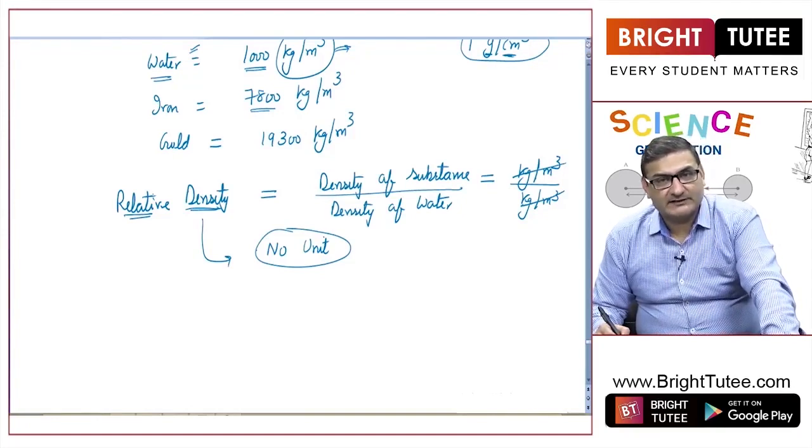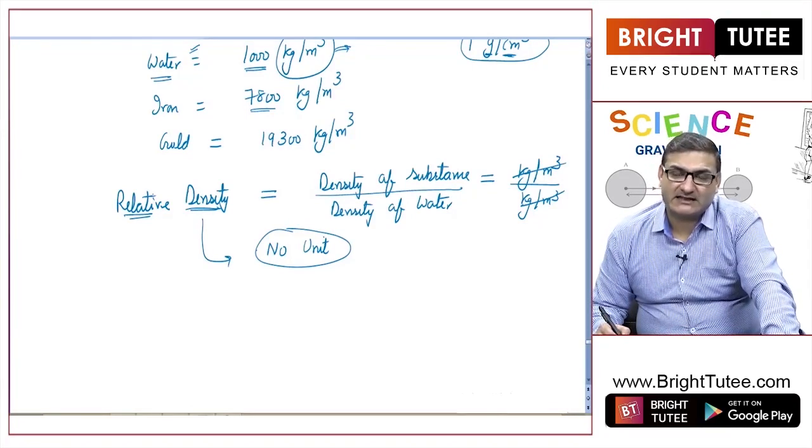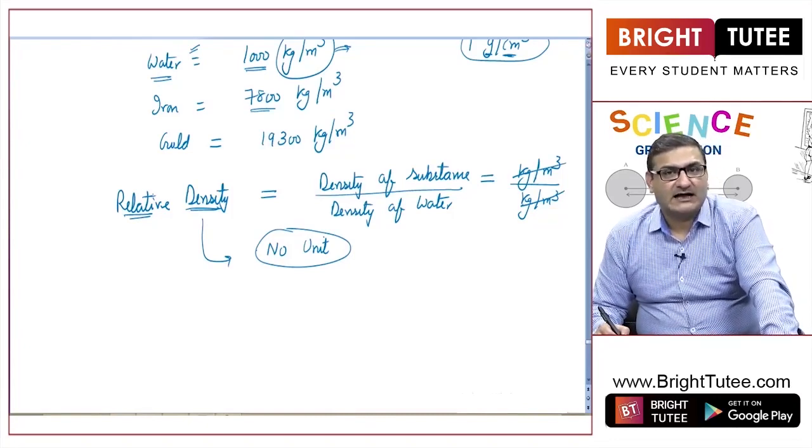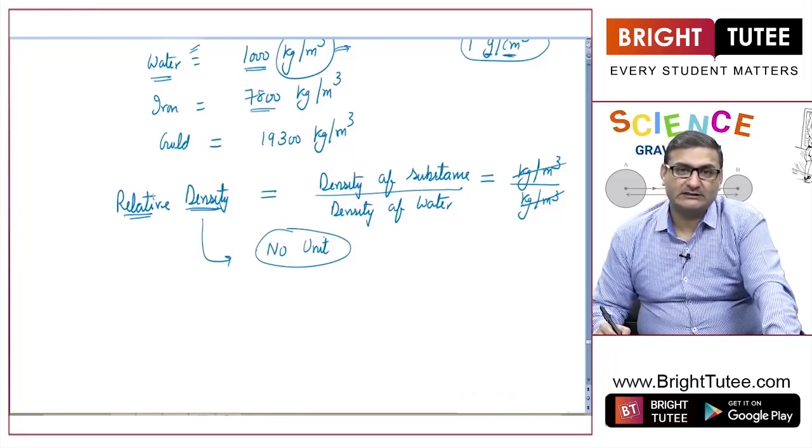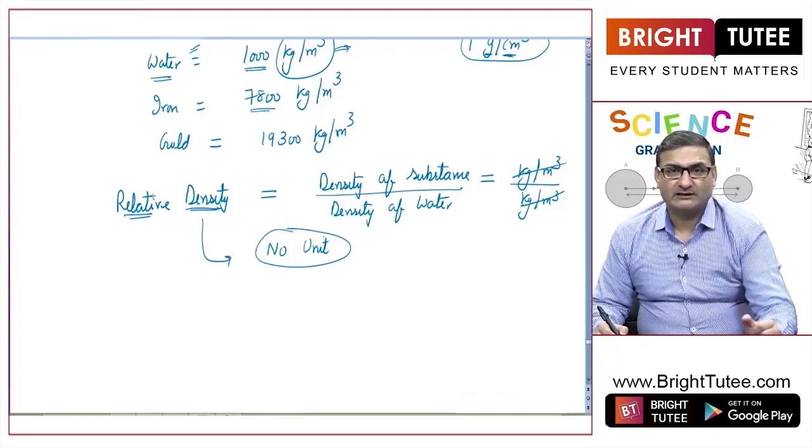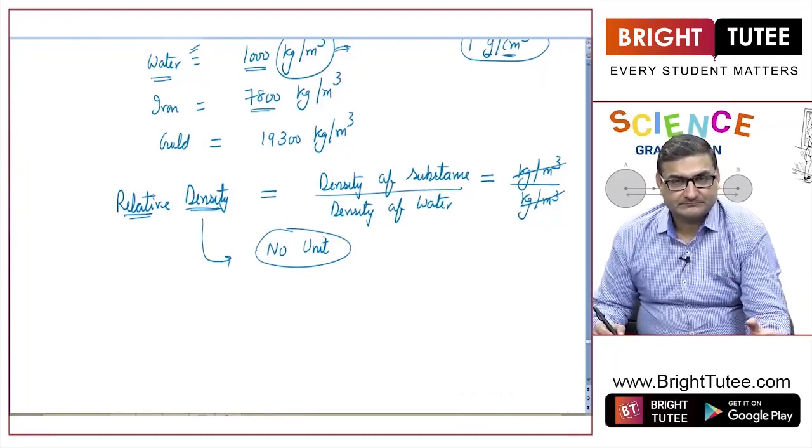Because of which ice floats on the surface of water. So this is asked in the examination also, why ice floats on the surface of water. The answer is because ice has less density as compared to water. That is why it floats on the surface of water.